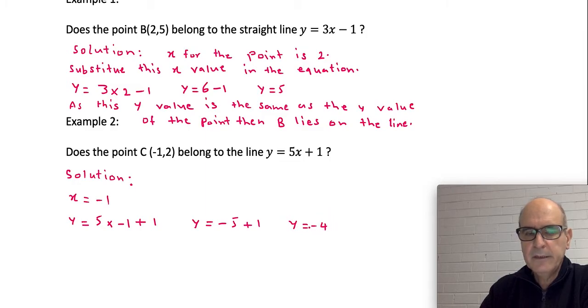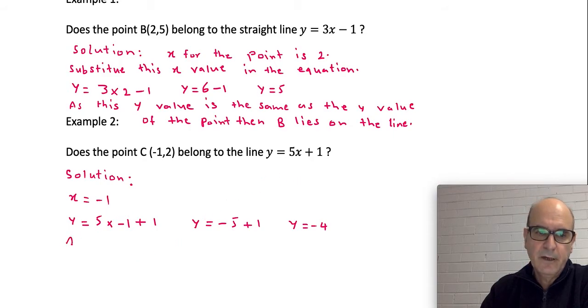Now I compare it with the y of the point. The y of the point is 2. So we have a problem here because the two y's are not the same. That means the point C does not belong to this line.